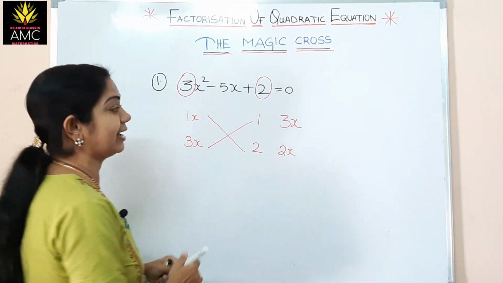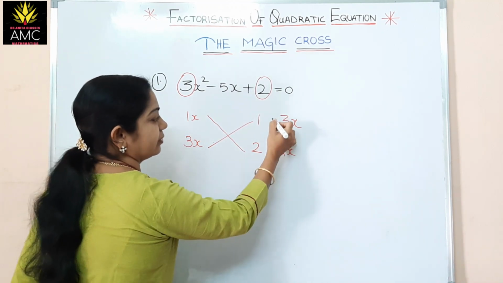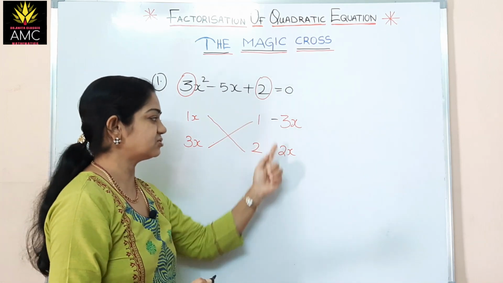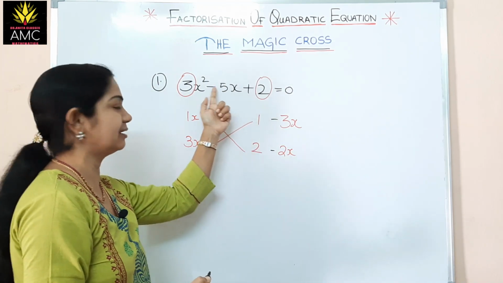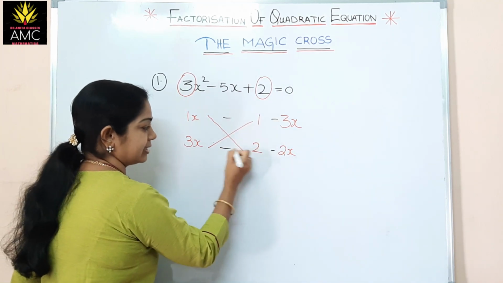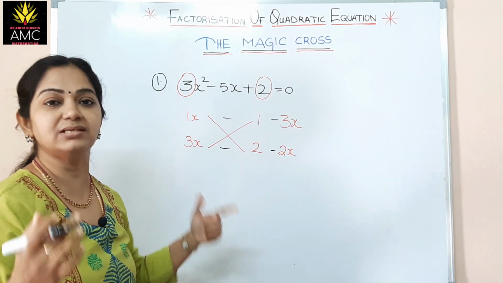That means how do I get minus 5x from these? When both are minus, having minus 3x minus 2x, I can get minus 5x. That means I'm keeping a minus sign here, and a minus sign here, right. That's it, our magic cross method is finished.